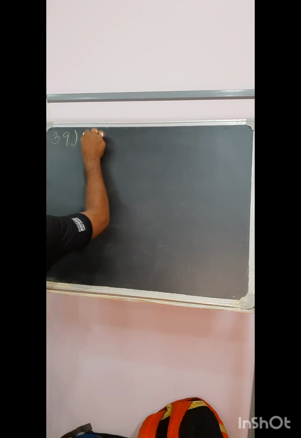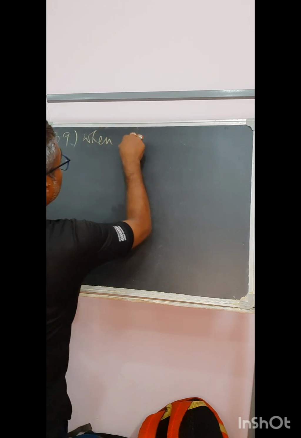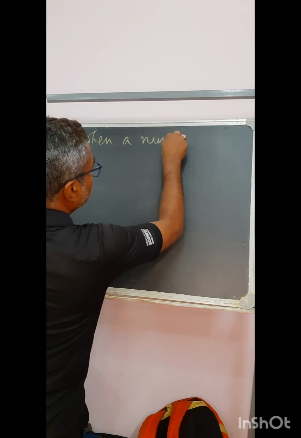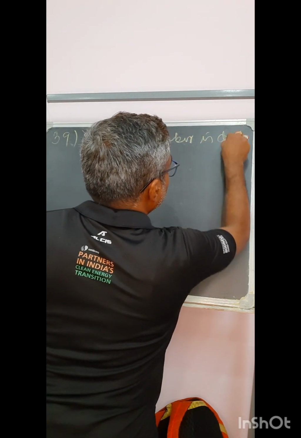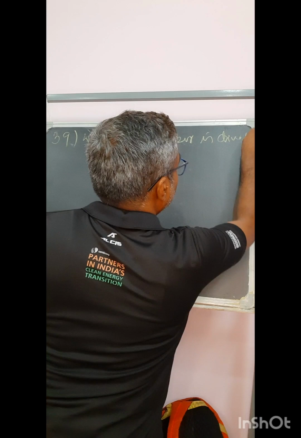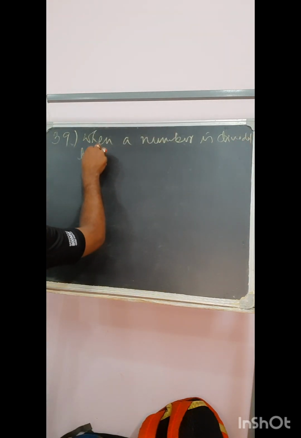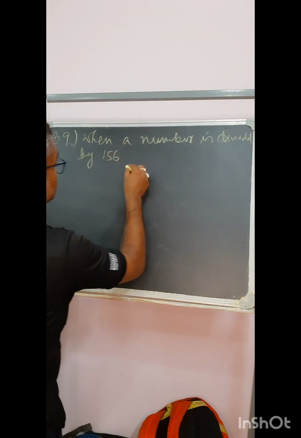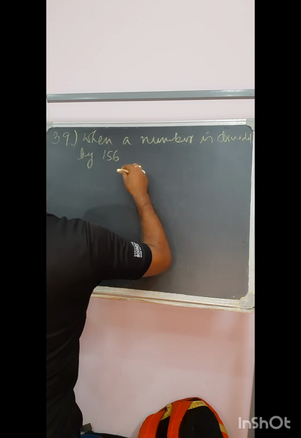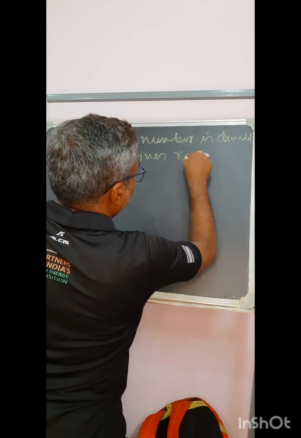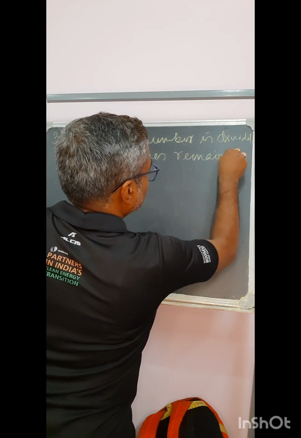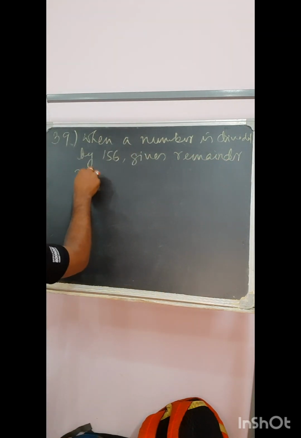The 39th problem says, when a number is divided by 156 gives remainder 29.